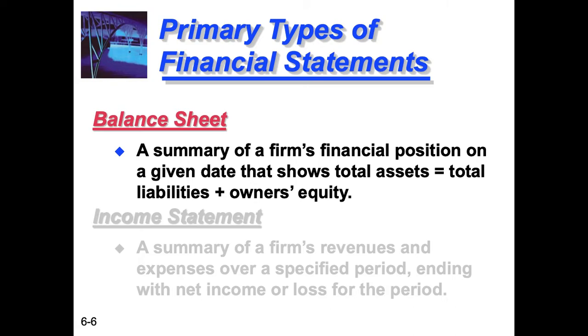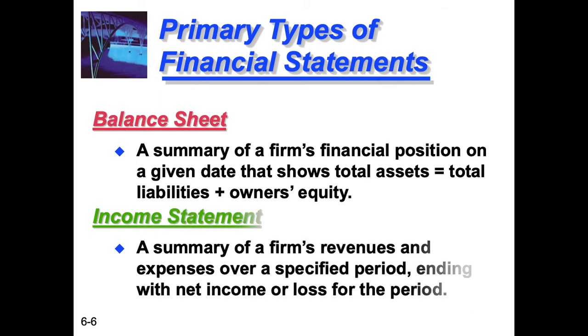The next financial statement type, income statement. Income statement is a summary of a firm's revenues and expenses over a specified period, ending with net income or loss for the period. So for balance sheet, we usually call it neraca. Income statement is laporan laba rugi.